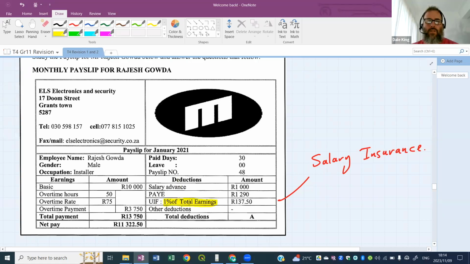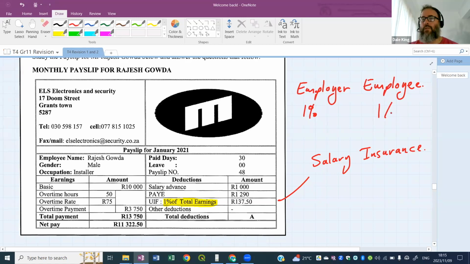So we see here on the salary slip that the employer has taken 1% of your salary and paid it for you. So there are two payments: the employer portion and the employee portion. The employer will pay 1% of your salary, and you have to pay 1% of your salary.